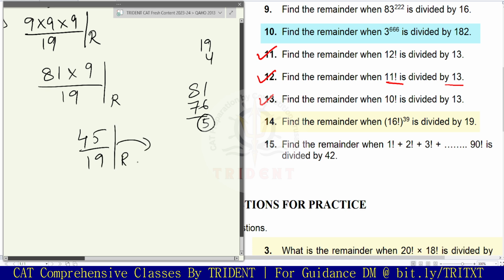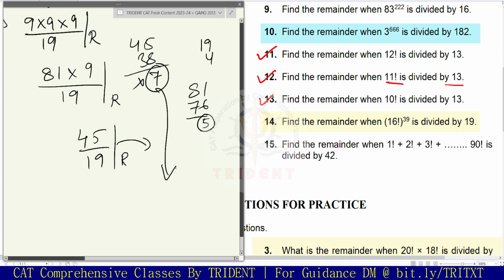So this will be 38, so 45 minus 38. 19 twos are 38. So this is 15 minus 5 minus 3. This is 7. Okay, this is 7.